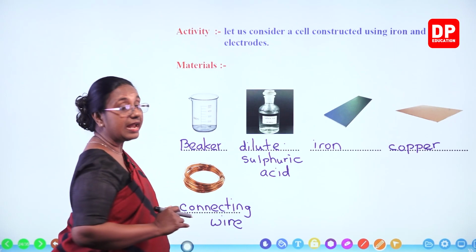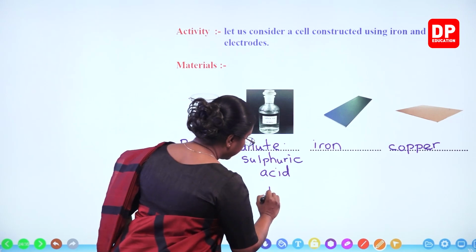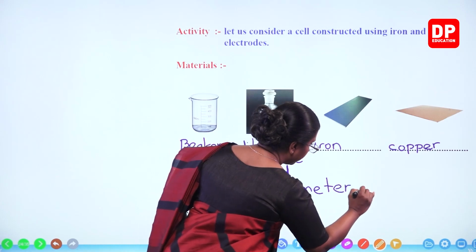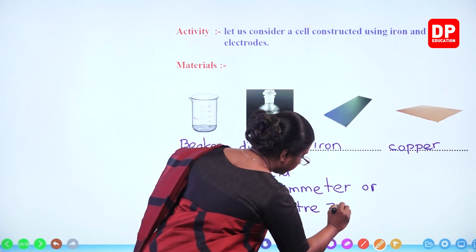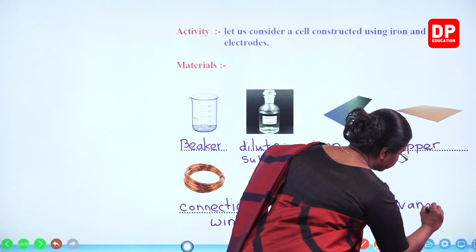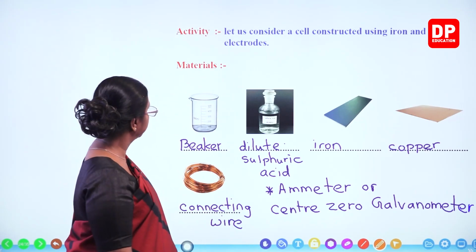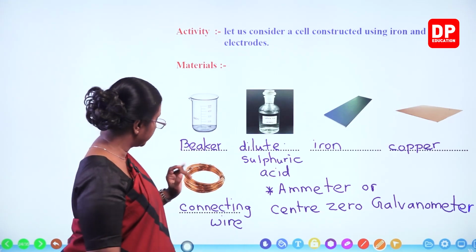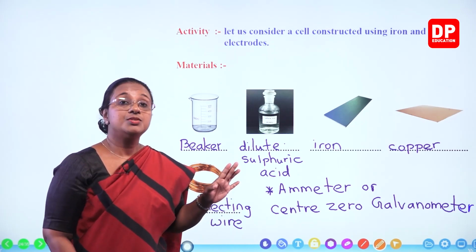In addition to that, to observe the current flow, we can use an ammeter, or we can use a center zero galvanometer. So these are the materials: beaker, dilute sulfuric acid, iron sheet, copper sheet, connecting wires, and an ammeter or the center zero galvanometer.